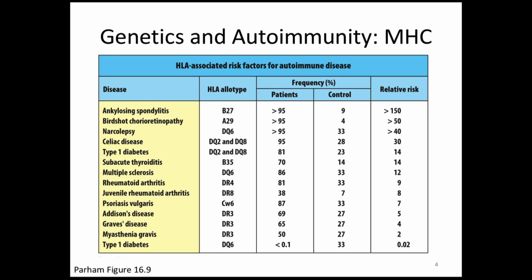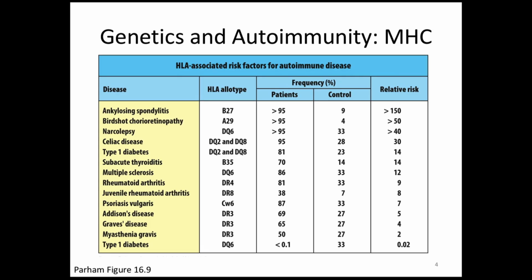The MHC locus on chromosome 6 is always the strongest link to autoimmune diseases, in that with different autoimmune diseases, there are either MHC types that are almost always found, or MHC types that are never found.